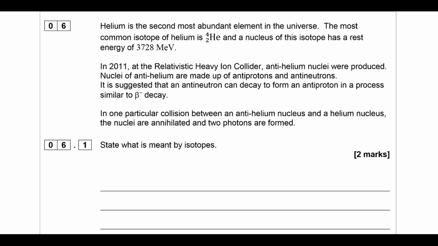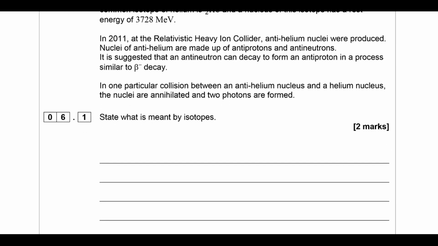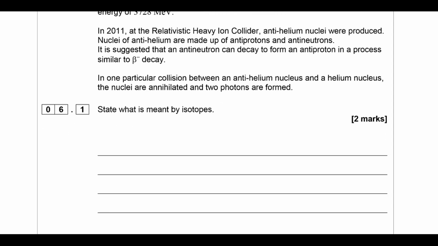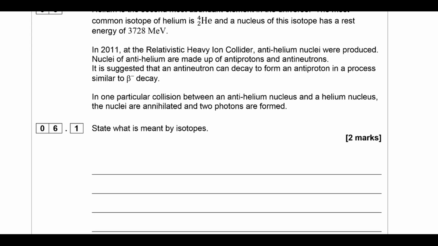So helium is the second most abundant element in the universe. The most common isotope of helium is 4,2He. The nucleus of this isotope has a rest energy of 3728 megaelectron-volts. In 2011, at the Relativistic Heavy Ion Collider, anti-helium nuclei were produced, which would have the same rest energy as this.